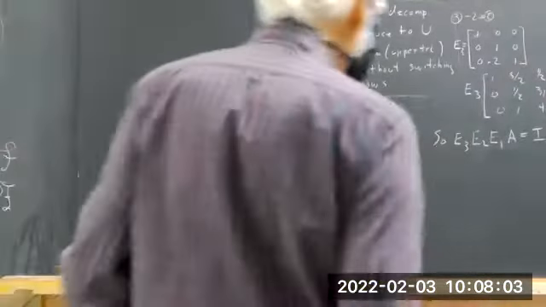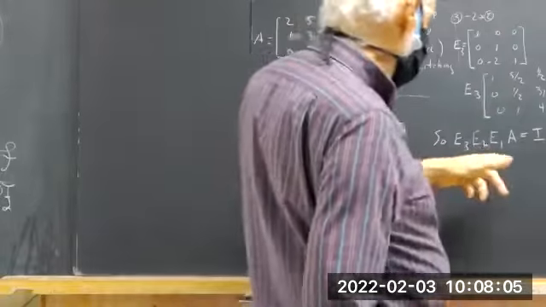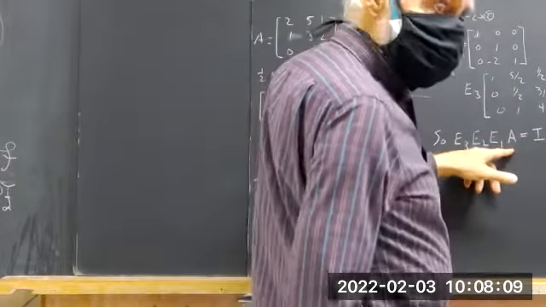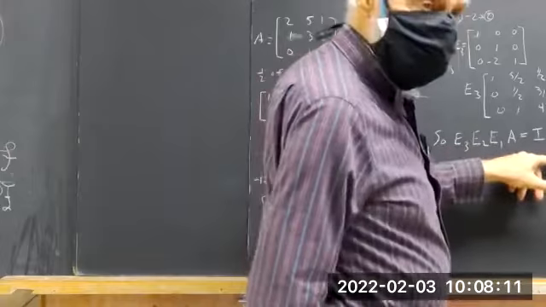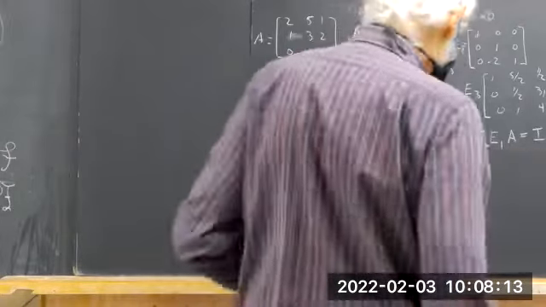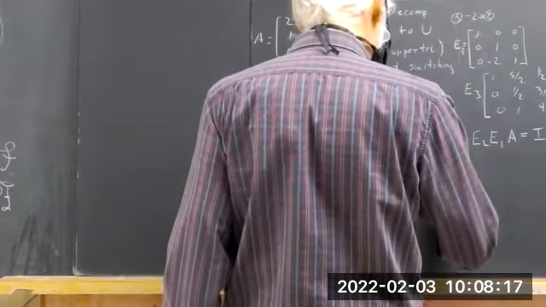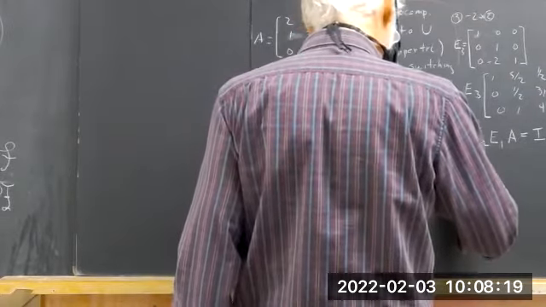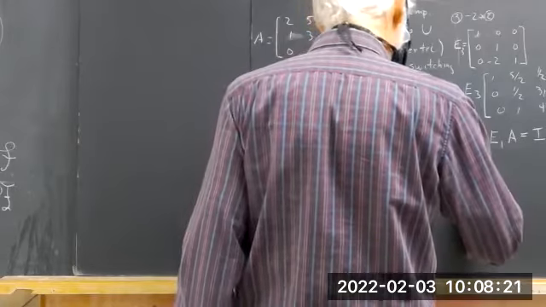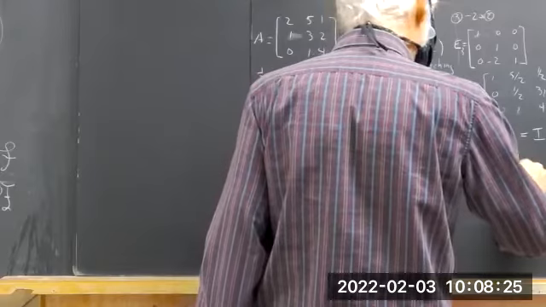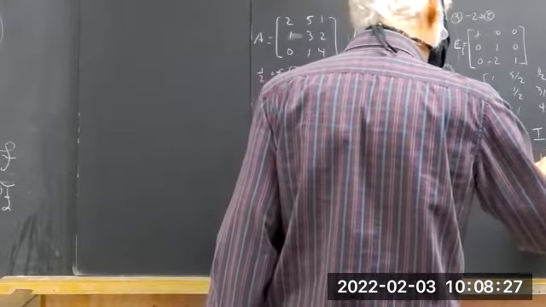Now, specifically, step by step, we can express A as a product of inverse elementary matrices times I. The way that works is E3 inverse times E3 E2 E1 A equals E3 inverse times I.